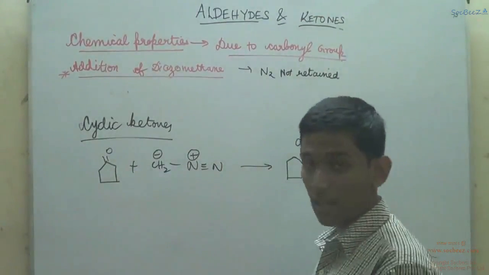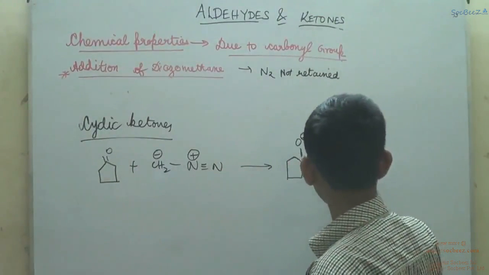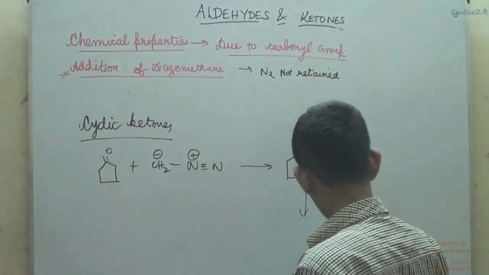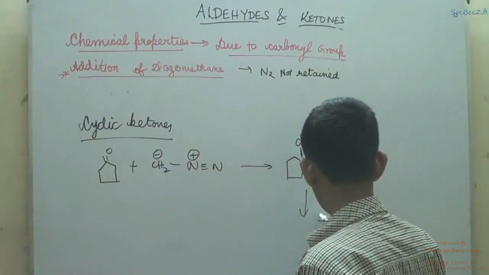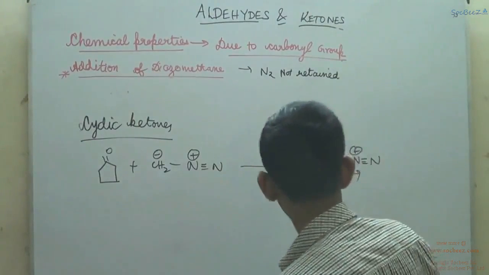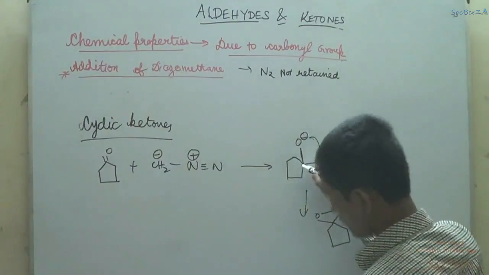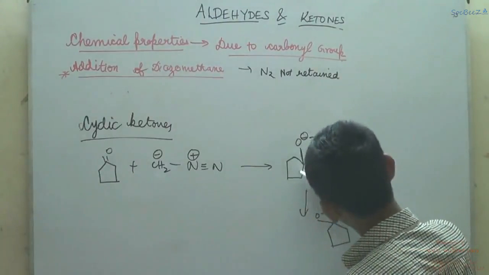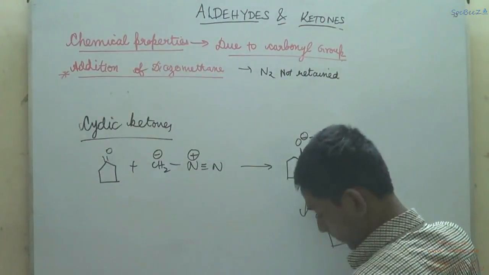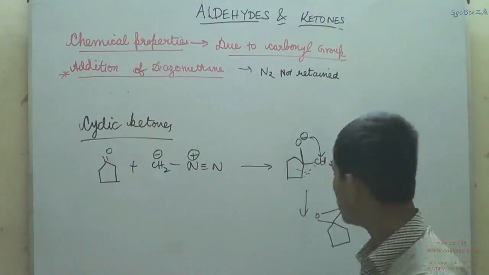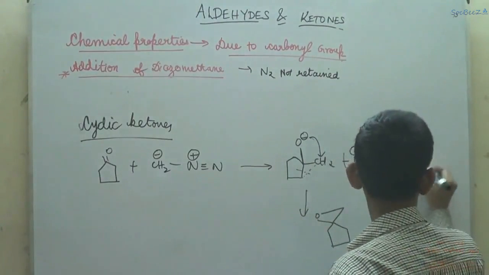Now two things can happen. One thing is this here and this leaving, then you will get the product as the oxirane. Or one more thing may happen, that this particular bond may cleave, and you may have a ring expansion giving rise to a higher order ketone.